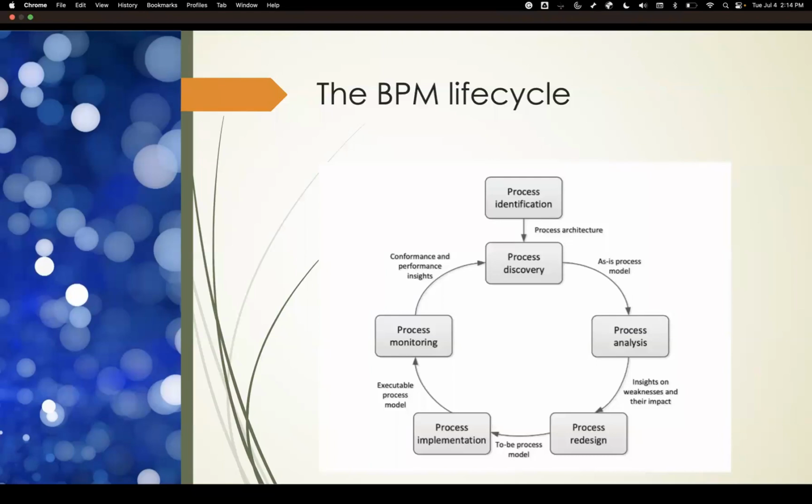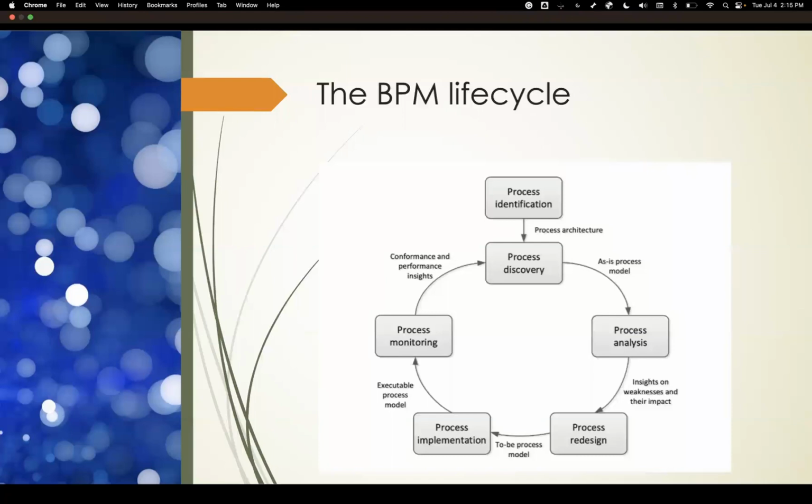In this phase, issues associated with the as-is process are identified, documented, and whenever possible, quantified using performance measures. Process redesign, also called process improvement. The goal of this phase is to identify changes to the process that would help to address the issues identified in the previous phase and allow the organization to meet its performance objectives.